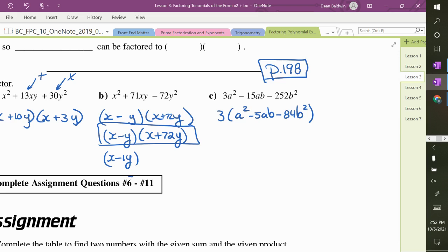Do you have what's in the brackets? Okay, so we divide everything by 3, right? Now the question is, what multiplies to negative 84 and adds to negative 5? I'll be very impressed if people get this quickly without a calculator.